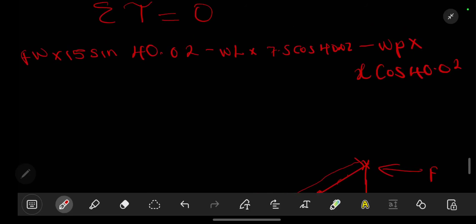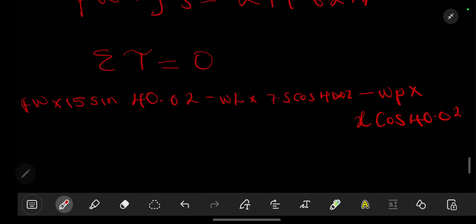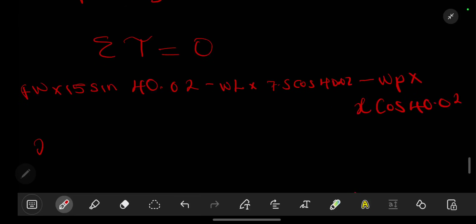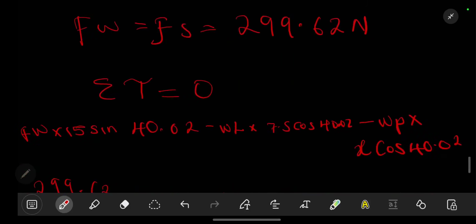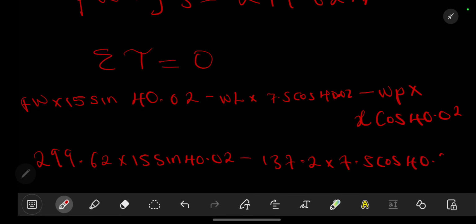Now the force on the wall, we found to be 299.62 times our 15 sine of our 40.02. Then we have minus the weight of the ladder, which is our 137.2, times 7.5 cos of our 40.02.